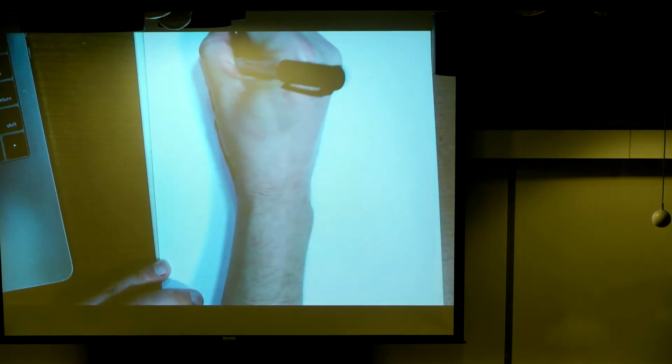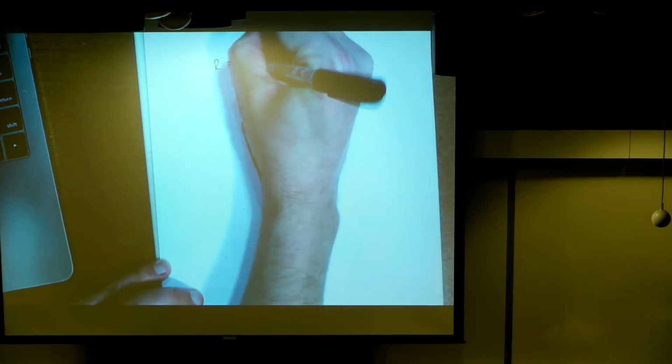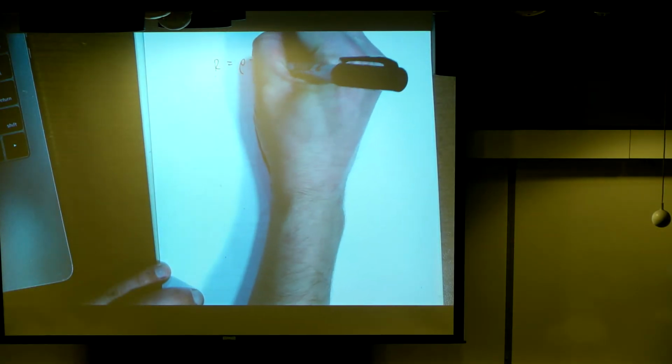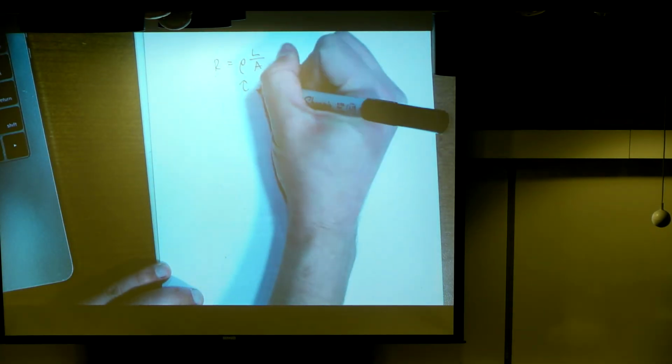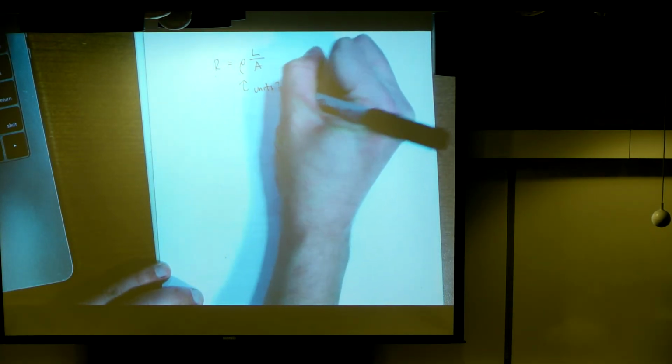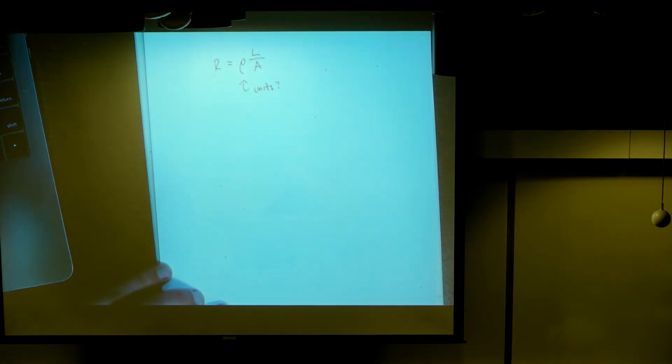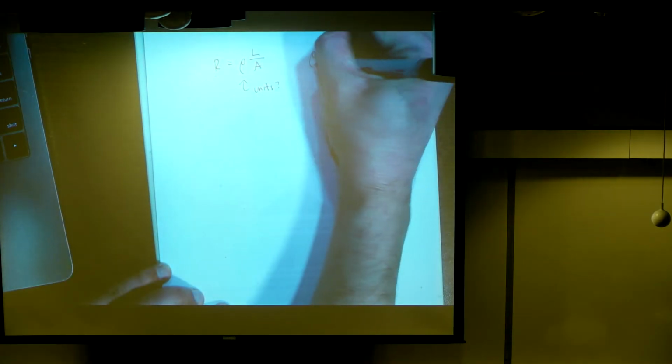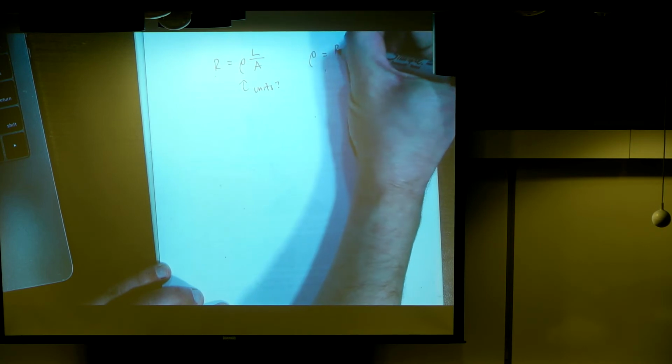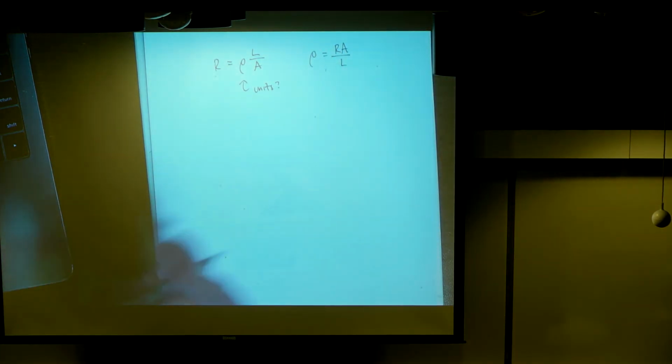So if R, that's our resistance, is equal to rho, that's our resistivity, times L divided by A, I want us to get some understanding of what the units of this rho constant are. So let's work it out. Rho is equal to R times A divided by L. What are the units of resistance again?